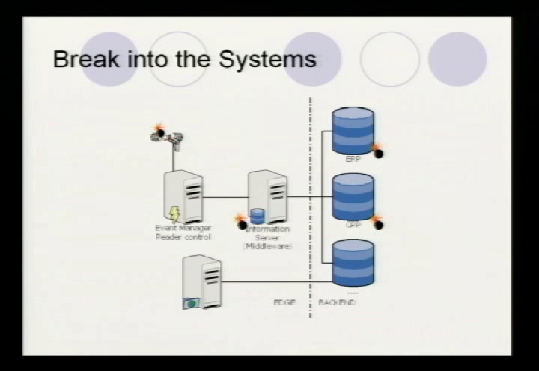So what's possible with this brave new world? We can take some of this malware. The most systems have a tool, it's called Event Manager. So if an RFID tag gets scanned, it's coming to the Event Manager, going to the information server or the middleware, and ending in your ERP or CRM system and in your backends.